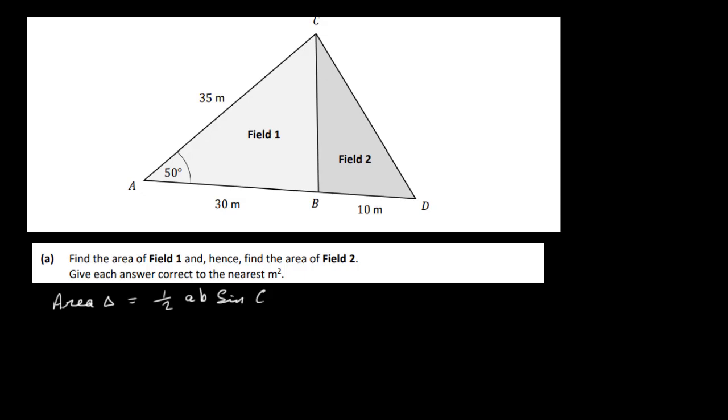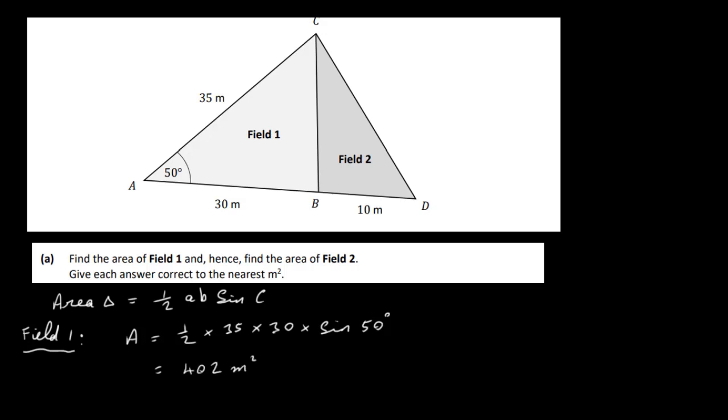So to find the area of field 1, the area is going to be half of 35 times 30 times the sine of 50 degrees. Okay, so that is 402.